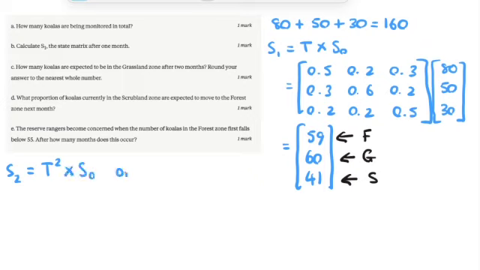Or you could do that S2 is equal to T times S1. So you could take your initial matrix and multiply it by T squared, pre-multiplying that is, or you could multiply your S1 matrix, so that is, look at how many koalas are in each location after 1 month, and then multiply that by T.